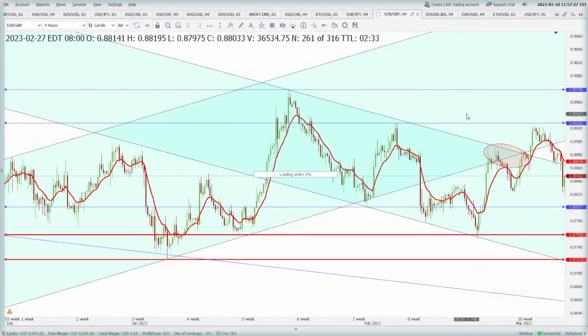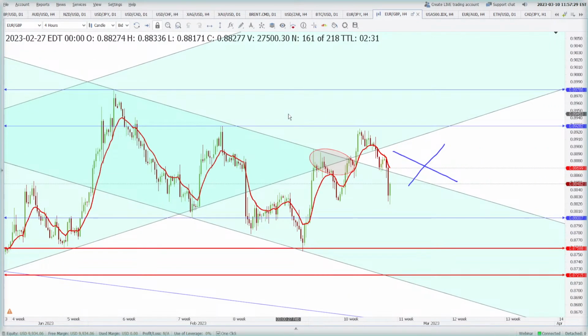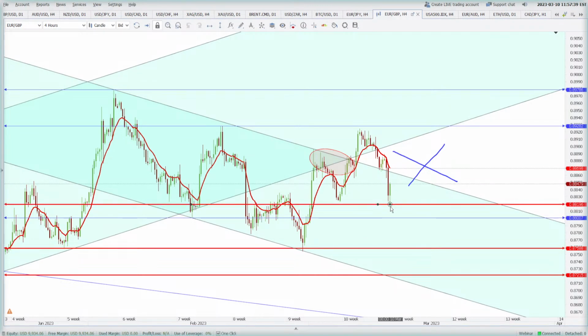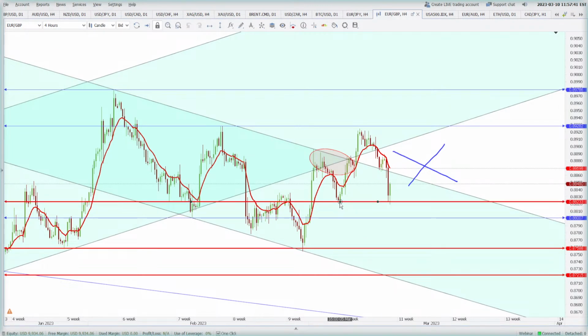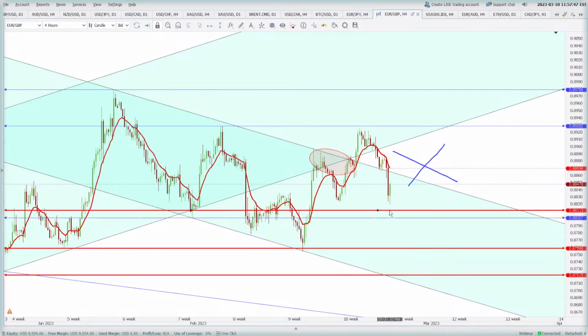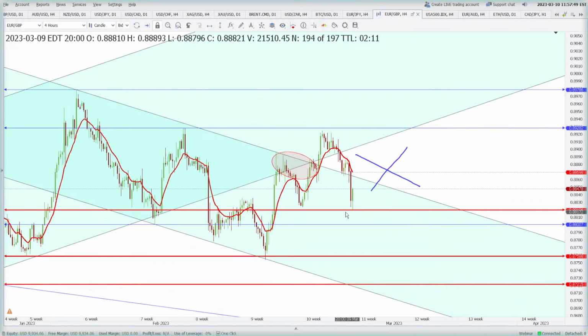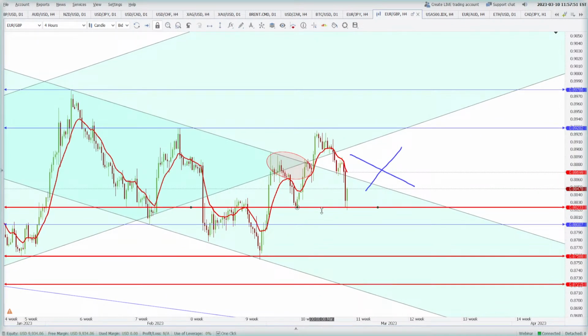So Euro GBP, my friend was saying something. He was saying, I think the market should retest the new 0.8827 here. Let me mark that. Where is your 8827? Why are you marking that area? Because this is the recent low that the price has made. Before this low, this was the level that the price had made.